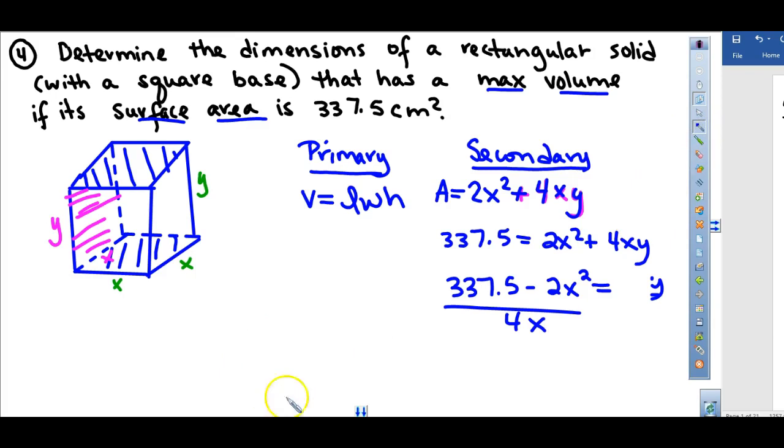Okay. I'm going to put all of that over here. So I'm going to rewrite volume as length times width times height, x times y. That is x squared y. And I'm going to put all of this in the place of y right here.